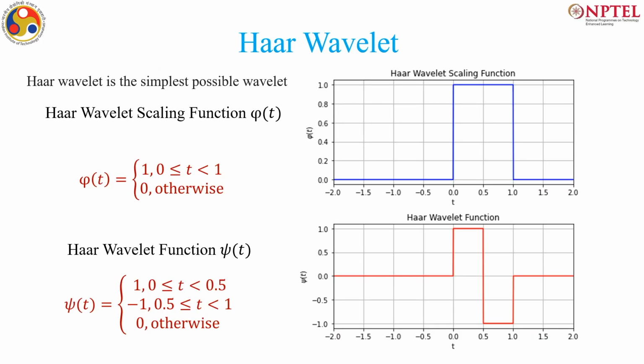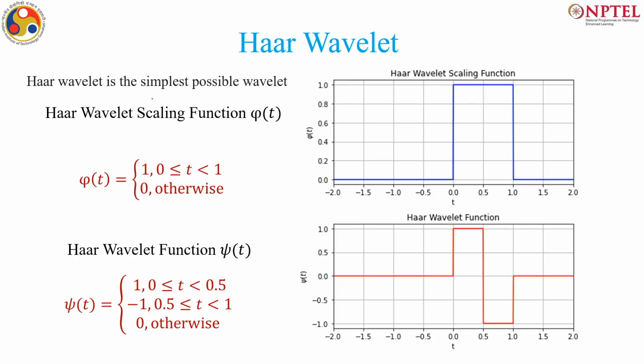Now, we have got a good idea about what wavelets are. Now, we will talk about the Haar wavelet, which is the simplest possible wavelet. Now, Haar was not defined as a wavelet.